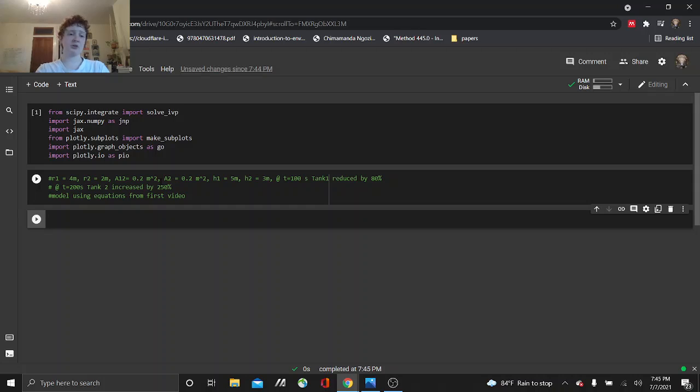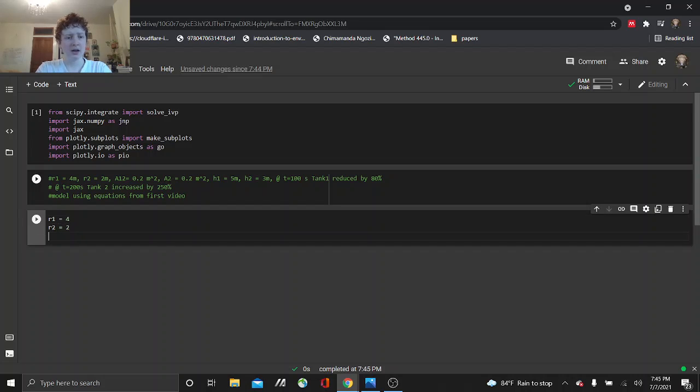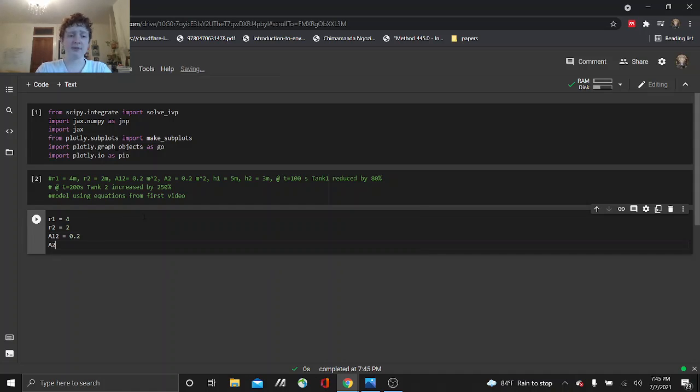And now what I'm going to do is just go ahead and define these variables that we've been given. So the radius for both of the tanks, we've got the cross-sectional area for the pipe that connects the tanks, and that happens to be the same for both A12 and A2.